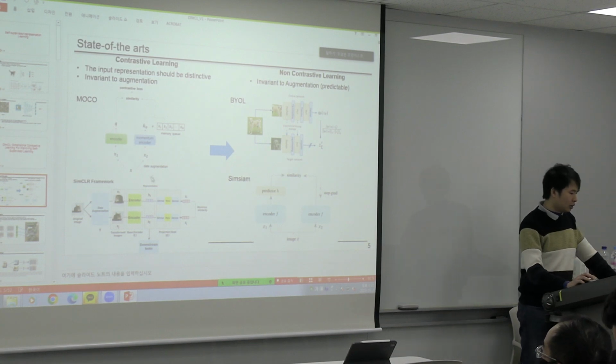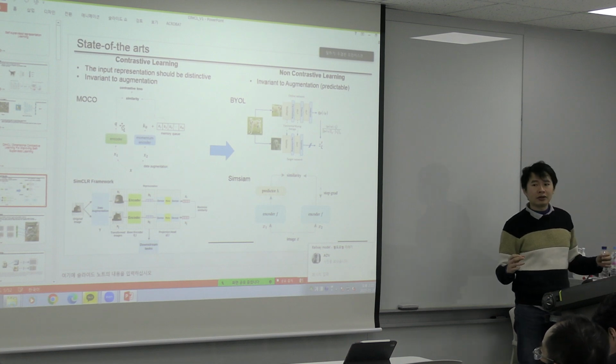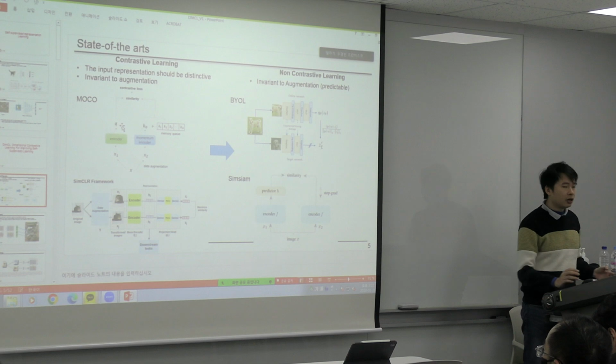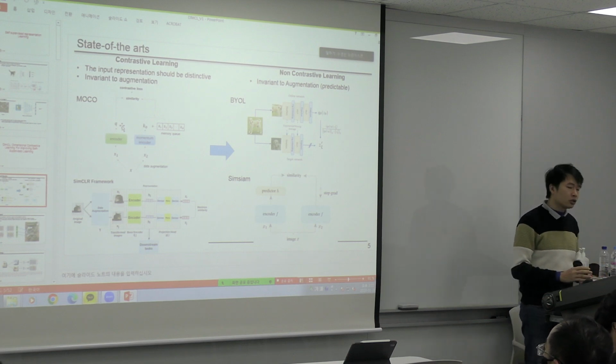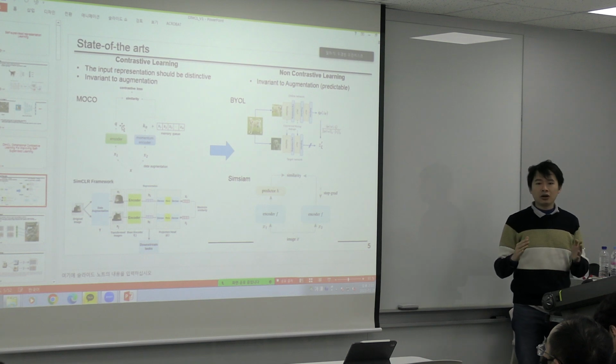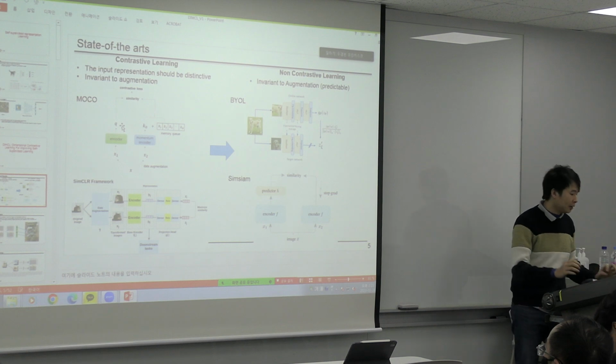So they introduced another technique called projection. They consider that this representation vector is very general information about the image, and if we consider a specific pretext task, then we have to project it into a smaller space, or a specific space for that specific task.